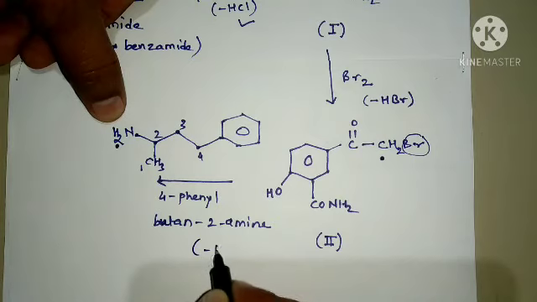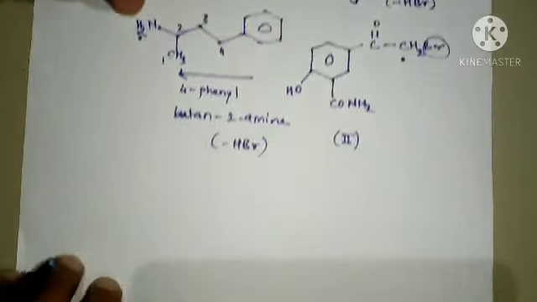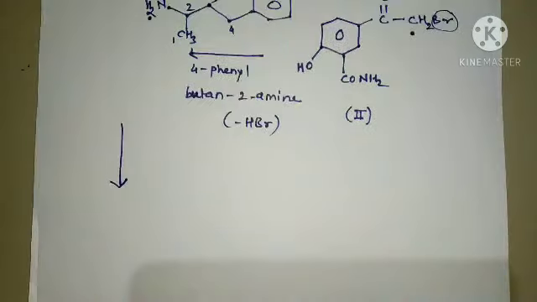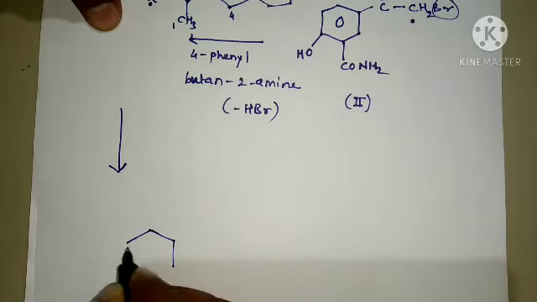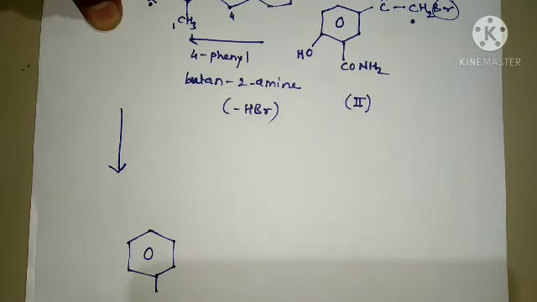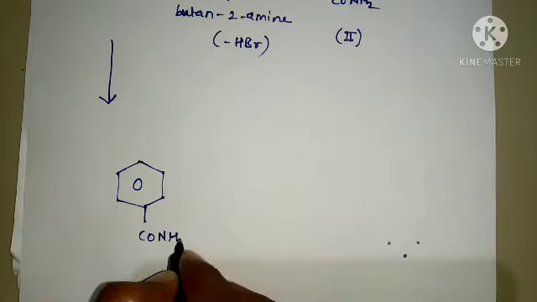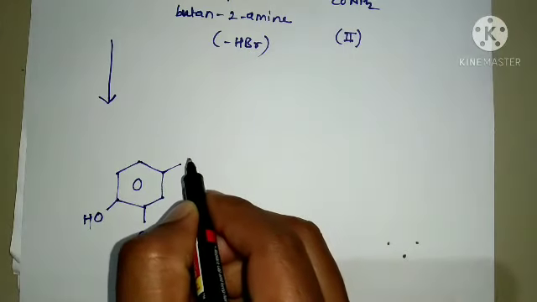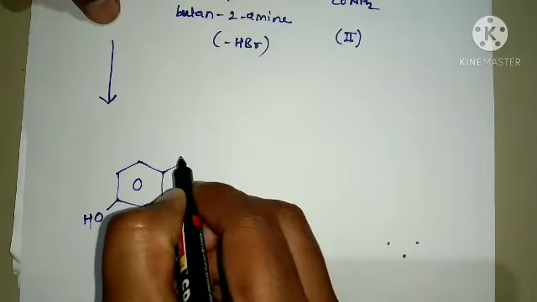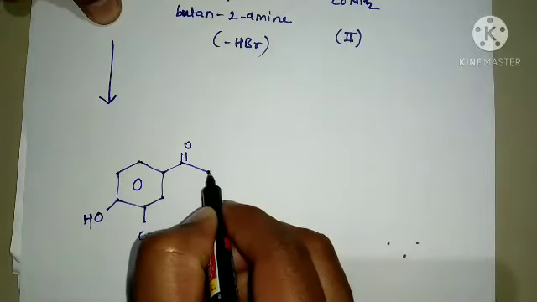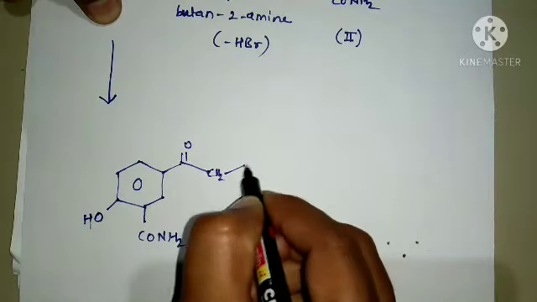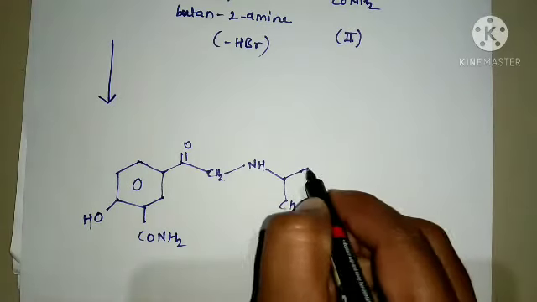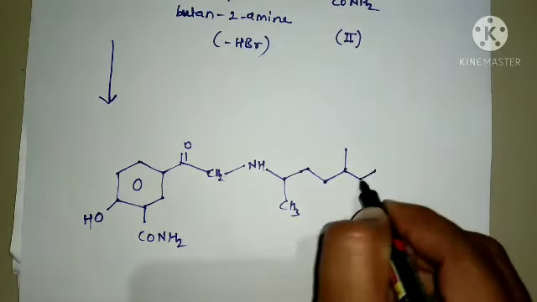So after removal of HBr, you will get the third intermediate, that is the benzene ring attached to CONH2 and OH, and at the meta position formation of C double bond O, CH2, NH, CH3, CH2 CH2 and a benzene ring.